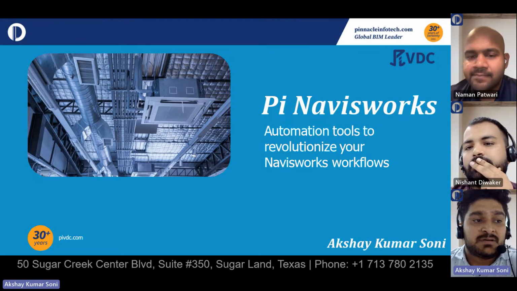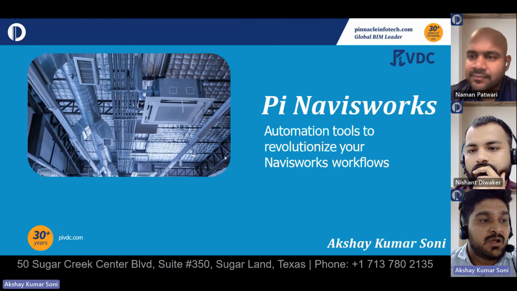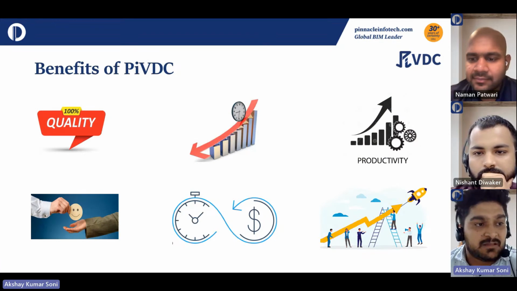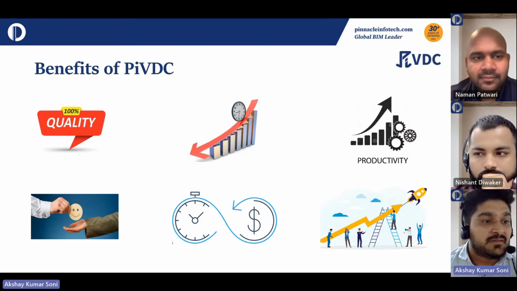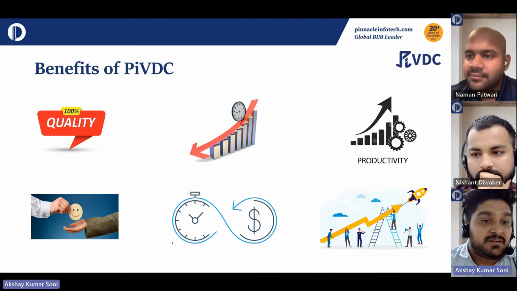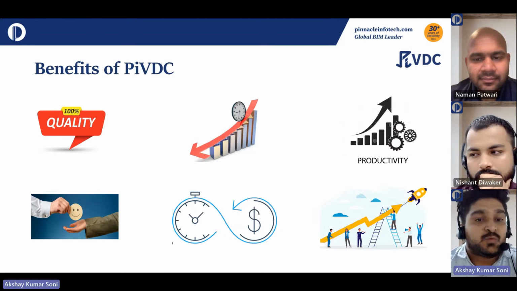When we talk about the benefits, we have a lot to talk about. So point one is quality. As we know, quality means performance upon the expectations. Pi VDC tools provide the best quality output.